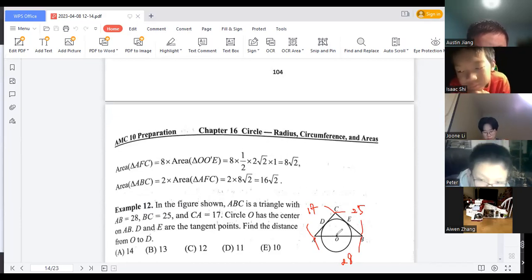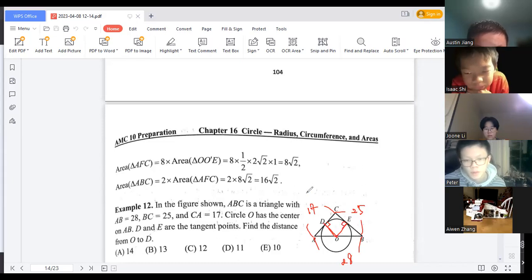What does this sentence mean? DE are tangent to the point A. So OD is perpendicular to AC and OE is perpendicular to BC. Find the distance from O to D. So we want to know this one.